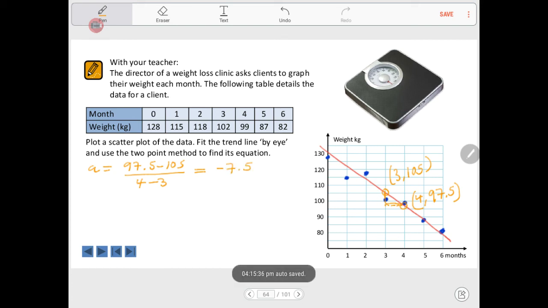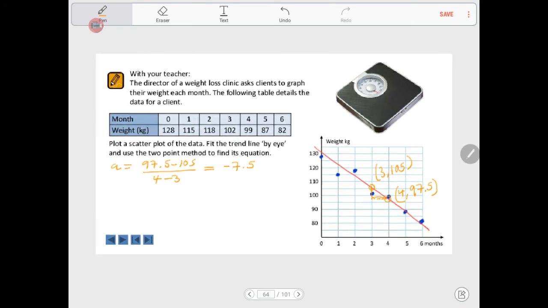Okay, now we put this into the equation using the 2-point method. Okay, so we've had lots of practice with the 2-point method by now. We're going to use it to find the equation of this line of best fit.